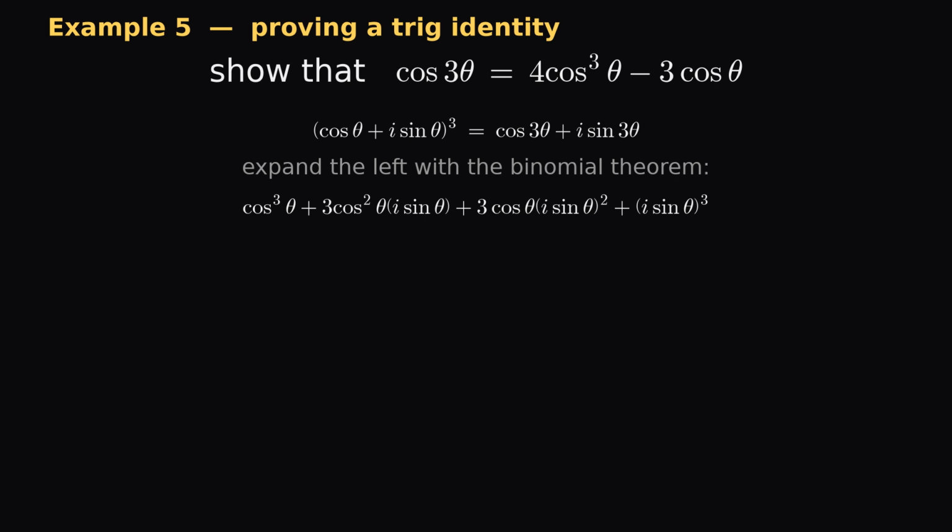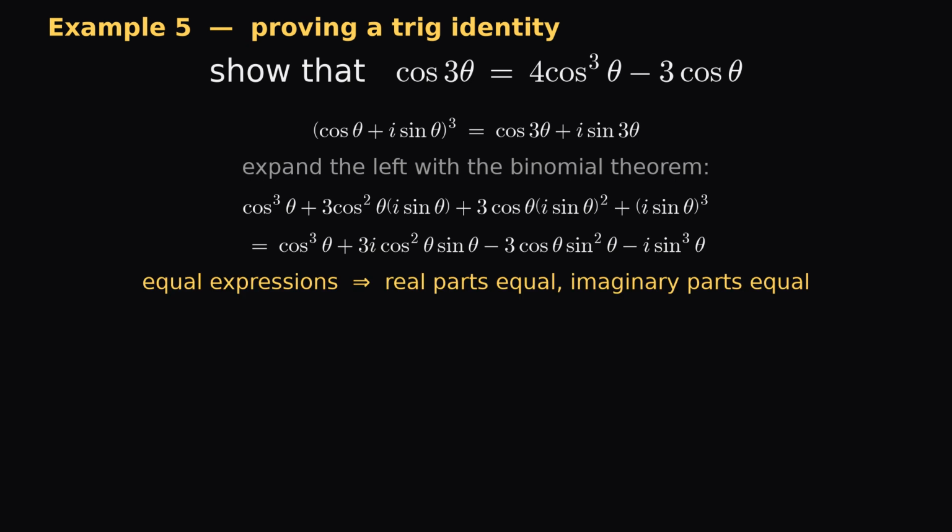Cos cubed theta plus 3 cos squared theta times i sine theta plus 3 cos theta times (i sine theta) squared plus (i sine theta) cubed. Clean up the powers of i, and that becomes cos cubed theta plus 3i cos squared theta sine theta minus 3 cos theta sine squared theta minus i sine cubed theta.